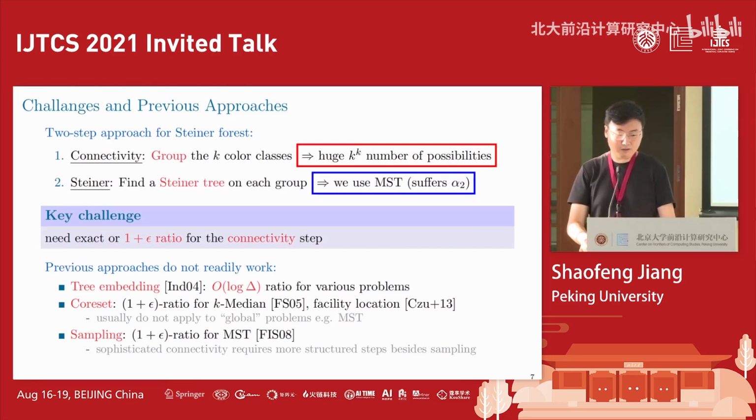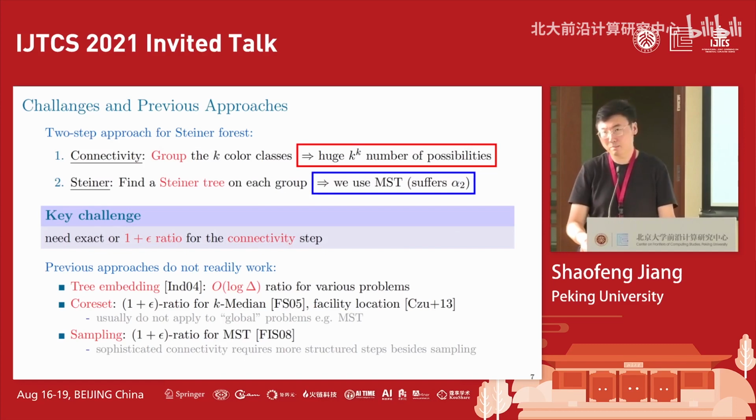So later on, there are several results for another class of problems, and they are quite successful. We can use coresets to obtain 1 plus epsilon approximations for k-median and facility location problems, which are clustering related problems. And the problem of coresets is that they usually need some locality of the problem.